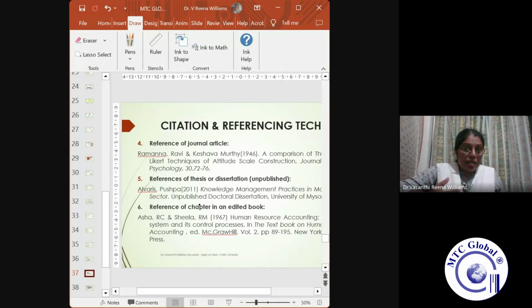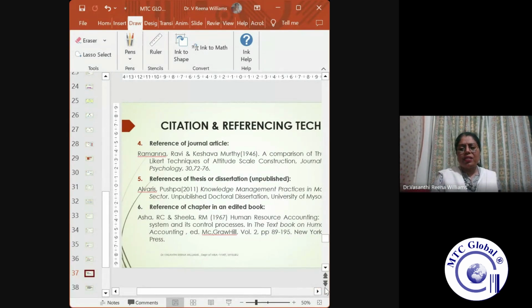Then you have to source it. When you give a source, you're acknowledging the contribution of the author or the person who's speaking about it. It's his or her thought which you're using, so you have to acknowledge it. When you're acknowledging this, each one will have a different format which you need to follow.